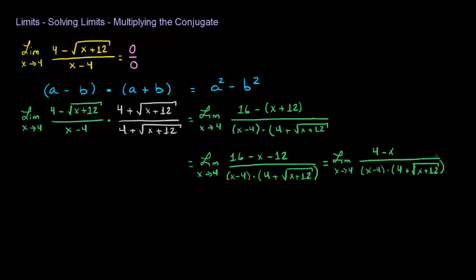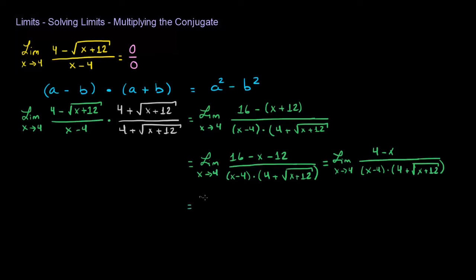Now notice something here. This 4 minus x is just switching signs with this x minus 4. So if I multiply this by a negative 1, I could get through this quite nicely.